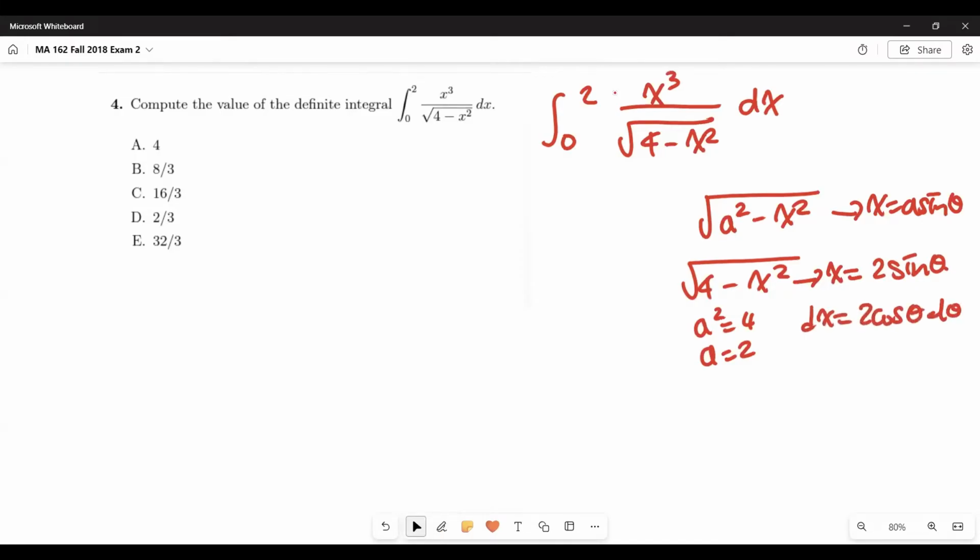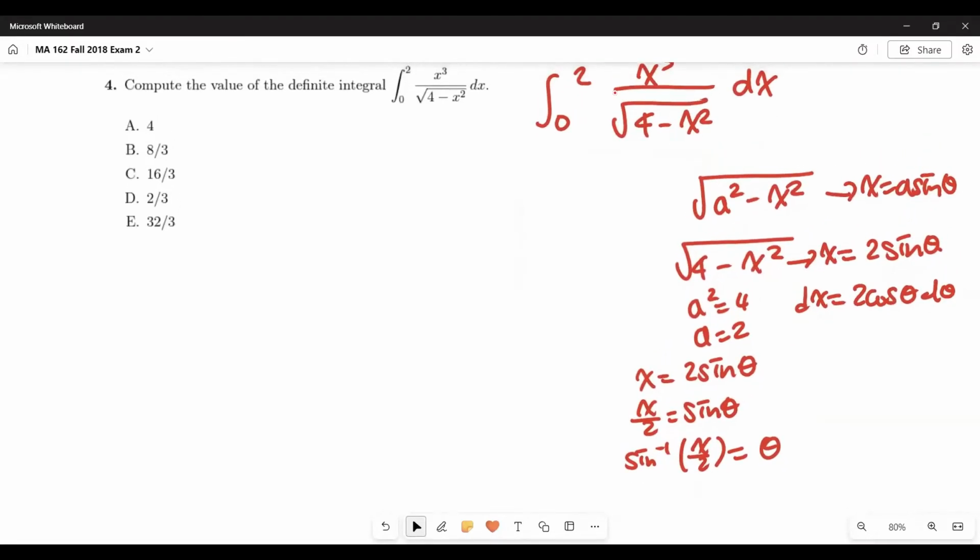And let's find our new bounds. So x is 2 sine theta, right? Meaning x over 2 is sine theta, you just divide it by 2. And then sine inverse of x over 2 is theta, right? Because you do the inverse on both sides, and sine inverse and sine cancels out, and theta is left alone.